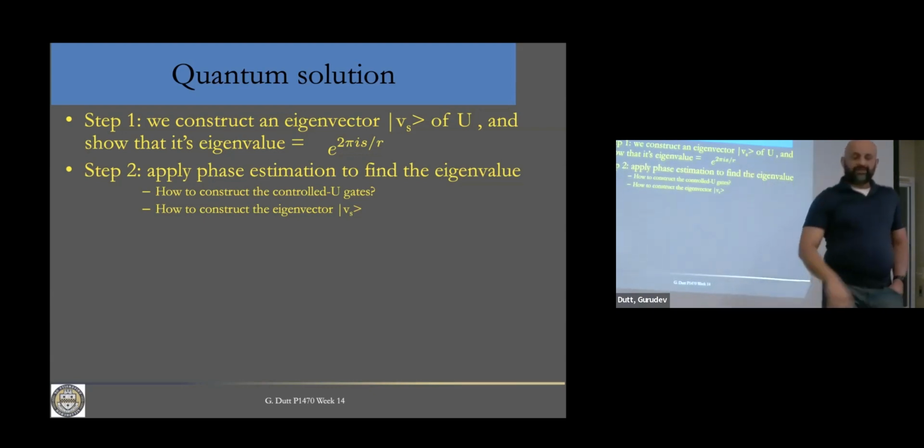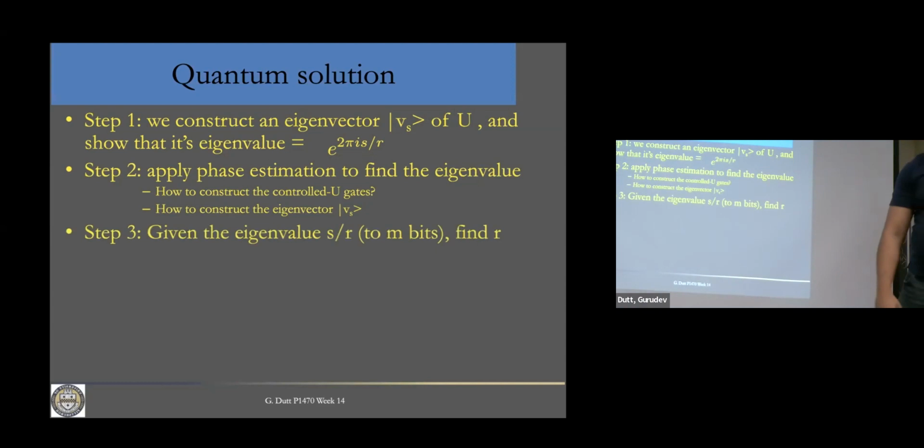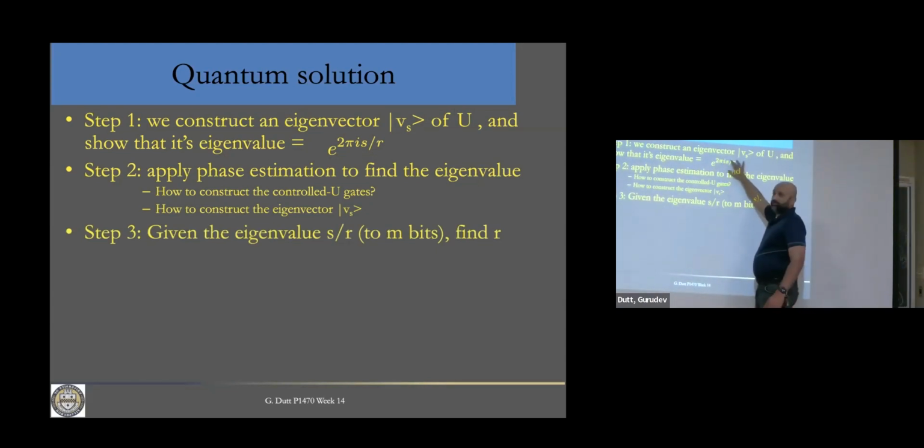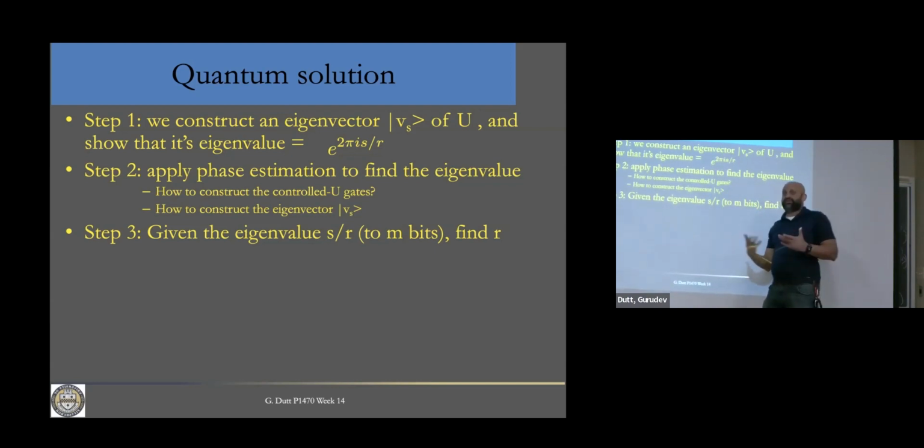The final step is after I do all that, I'm going to get the eigenvalue e to the 2 pi i s over r. Ignoring the 2 pi i, I'll get s over r. Remember the phase estimation gives me an m-bit approximation to this eigenvalue, e to the i theta, where theta was found to m bits of precision.